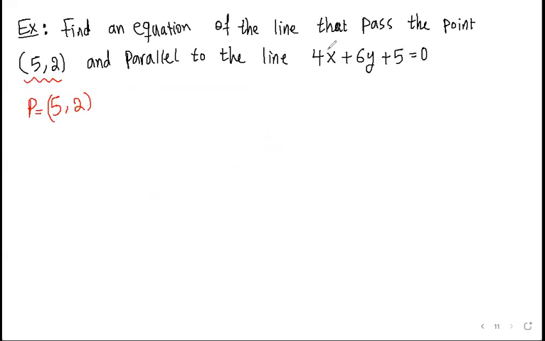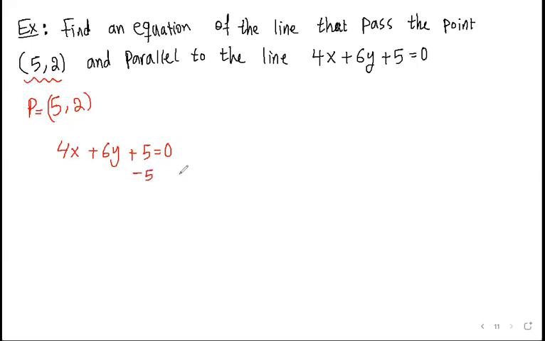First thing, we have to solve this equation in terms of y. How can we solve this equation as y equals? So the equation is 4x + 6y + 5 = 0.